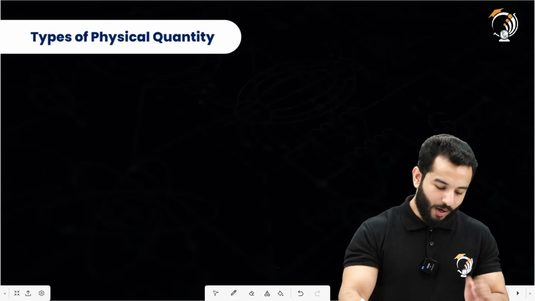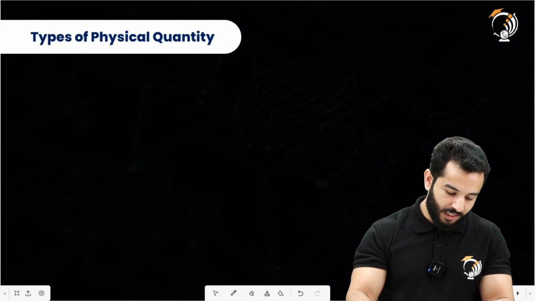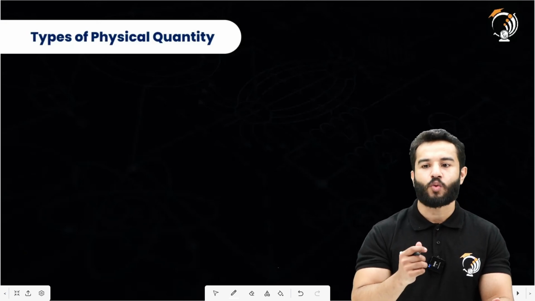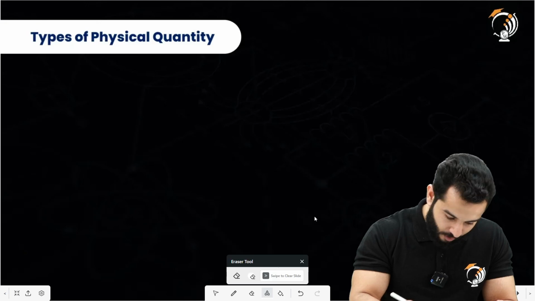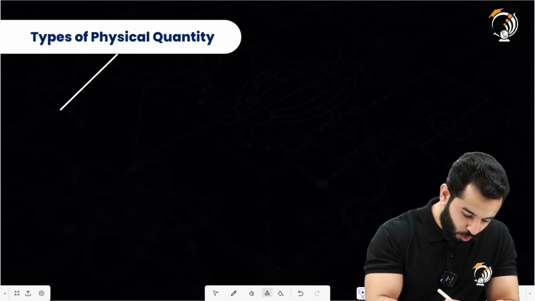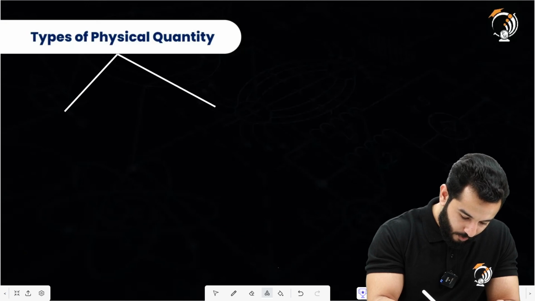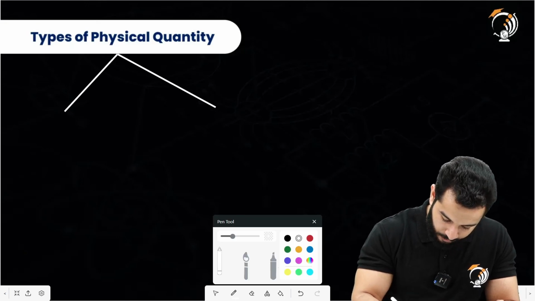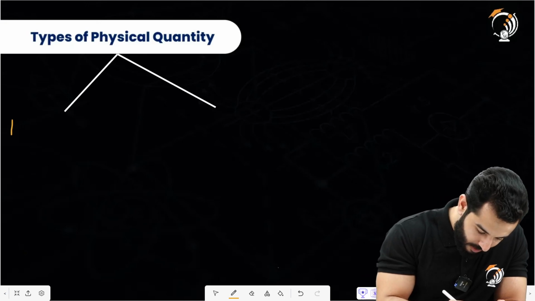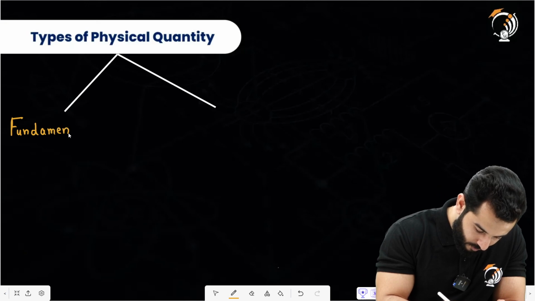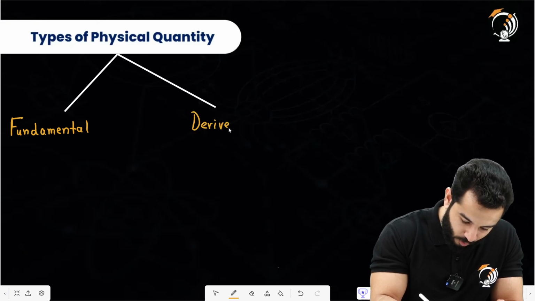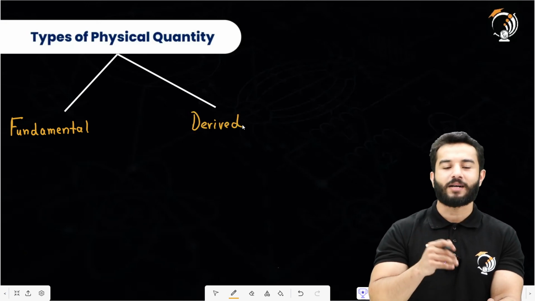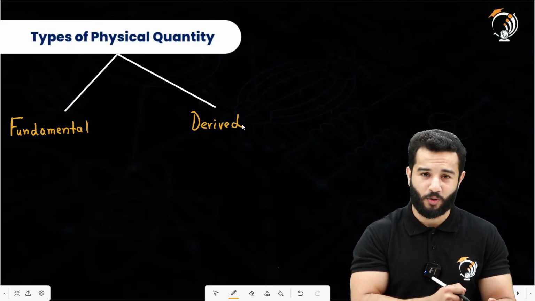Moving on, when we talk about types of physical quantities, we are going to say that we have mainly 2 different types of quantities. One are fundamental quantities and the next one are called derived physical quantities. So now it becomes more clear what we mean by fundamental quantities.